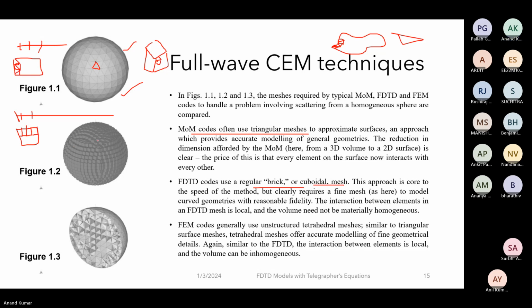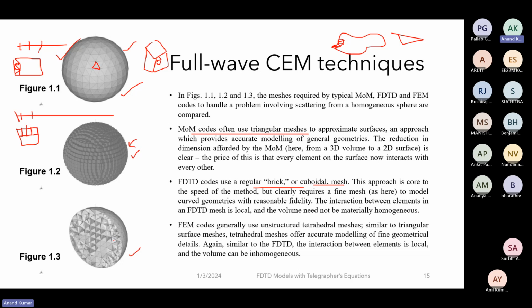And for volumes, MOM does not discretize volume, and if it has to, it will look something like this, which is same as FEM. FDTD uses bricks, so you can see that you will need many more elements to accurately model this particular sphere. So the number of elements increases in FDTD.